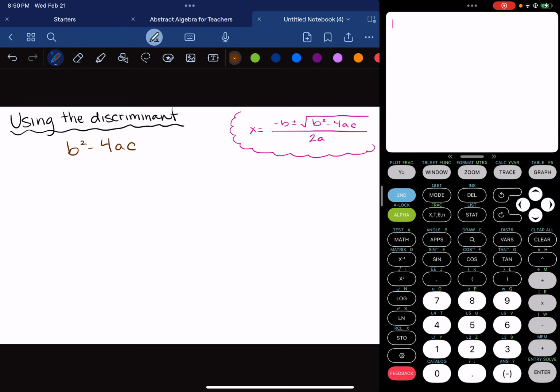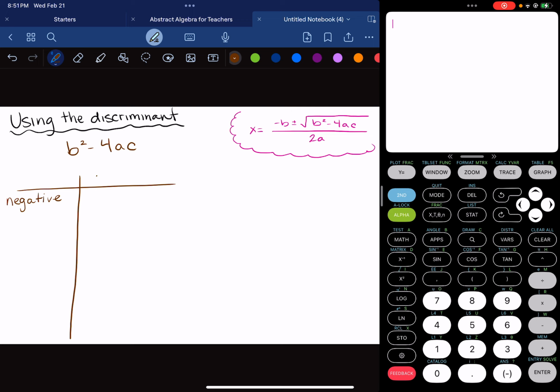Okay, so when we're looking at the discriminant, we're looking at the values that we get for it. And so I'm going to create a chart here on the screen. When the discriminant is negative, it doesn't matter what the number is, we cannot take the square root of a negative number.